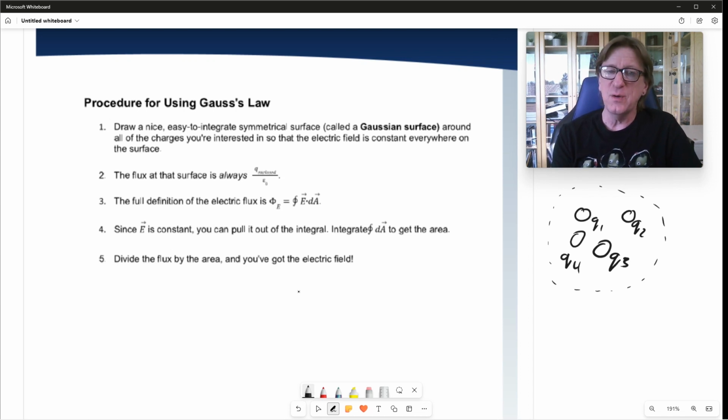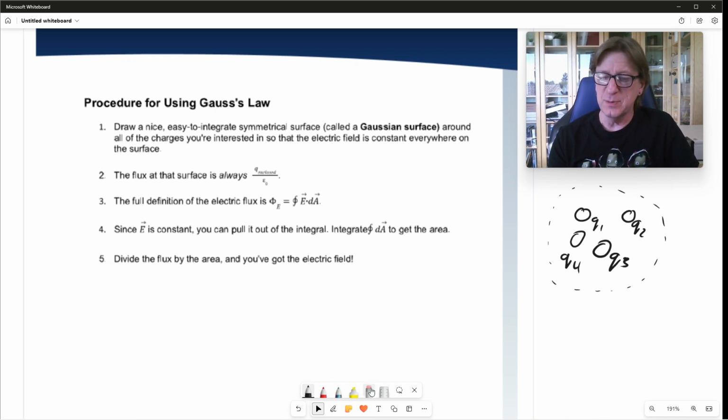So now I know the flux is always the total charge enclosed, Q1 plus Q2 plus Q3 plus Q4, divided by epsilon naught. And I know that that's equal to the definition of the electric flux, which is the integral of E dot dA. Since my field is going to be constant, I can pull it out of the integral and then integrate this, and I can get my total area.